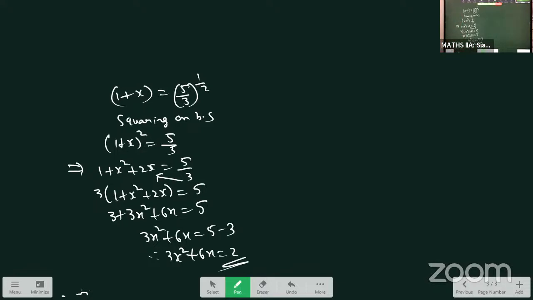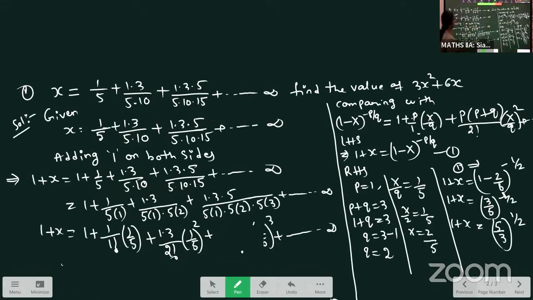So this is how we have to do an infinite series question. Before solving the question, first we have to check whether the given question is in complete form or not. Complete form means the infinite series must start with 1 and the denominator must compulsorily be in factorial.